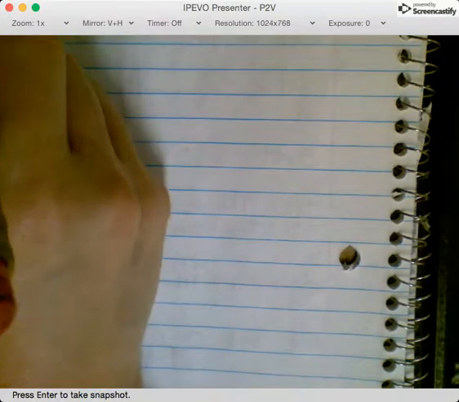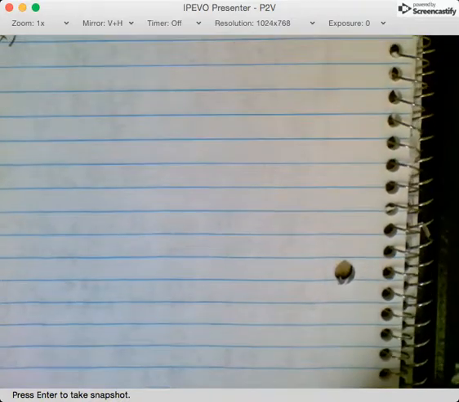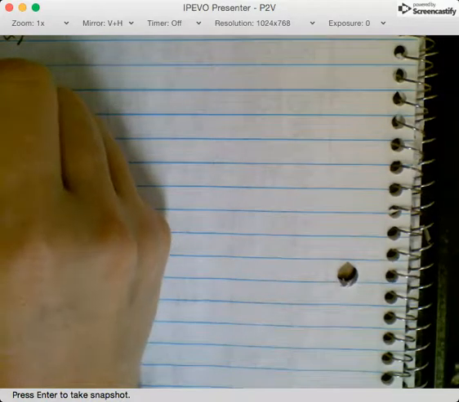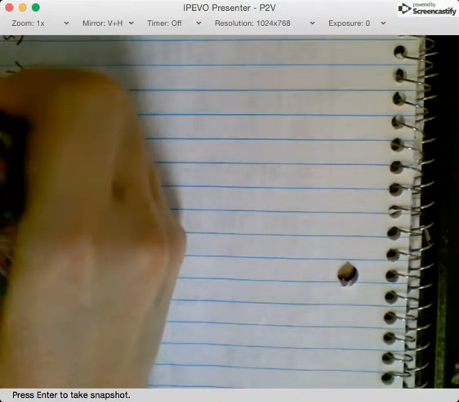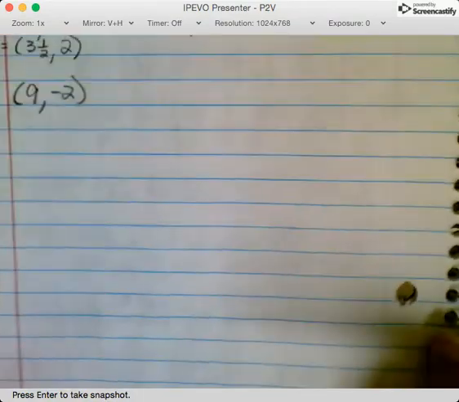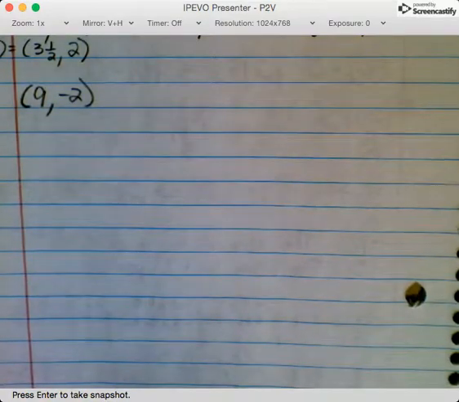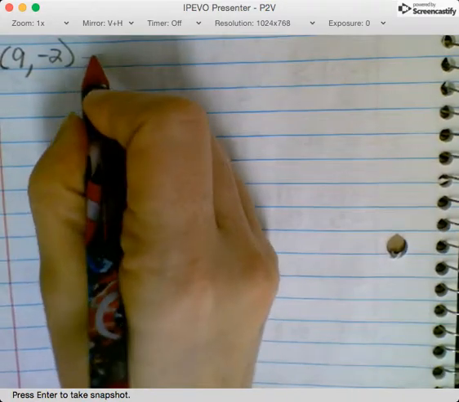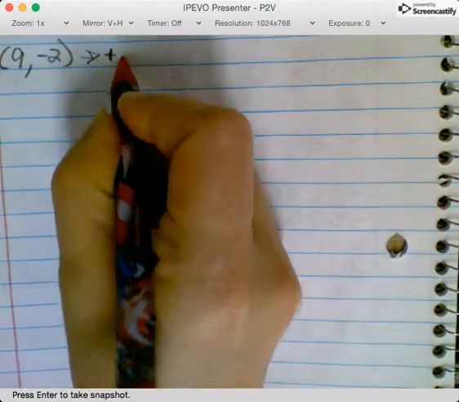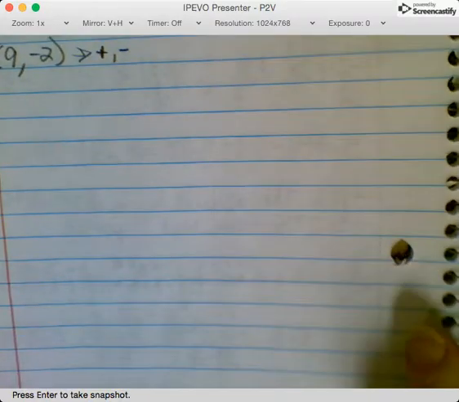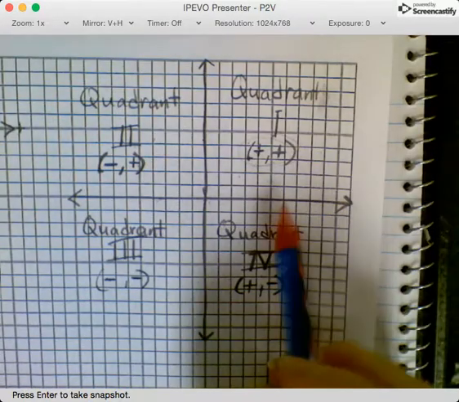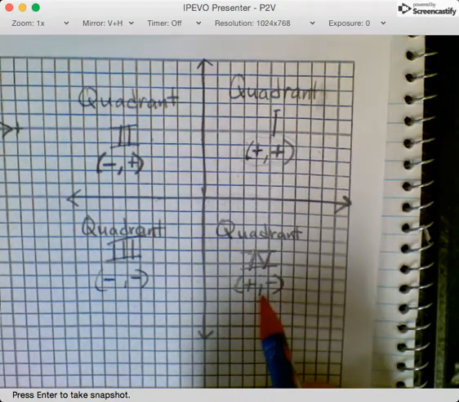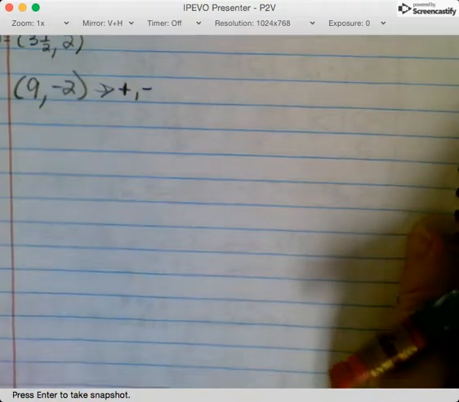So if I look at this, 9, -2. So my first one is 9, -2. Now I have a positive and a negative. So I'm going to look at my coordinate grid, and positive, negative is quadrant 4.